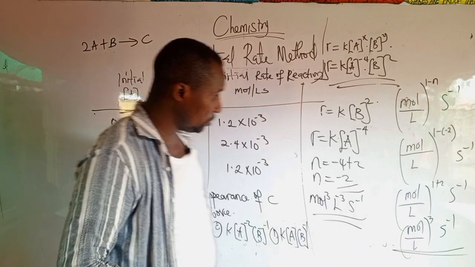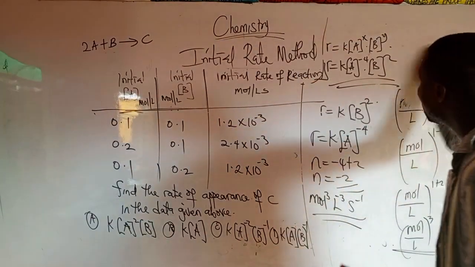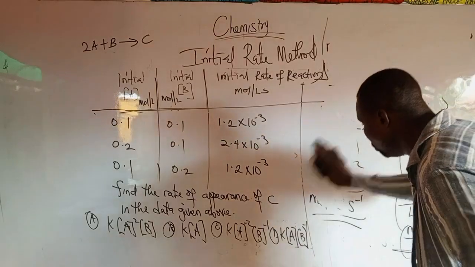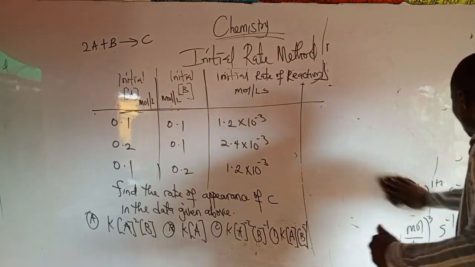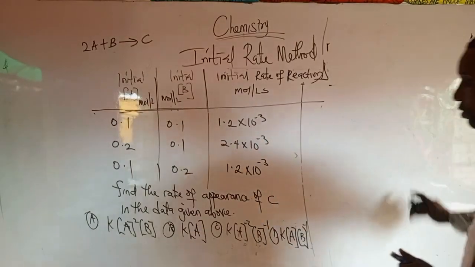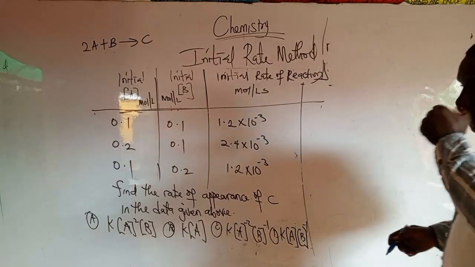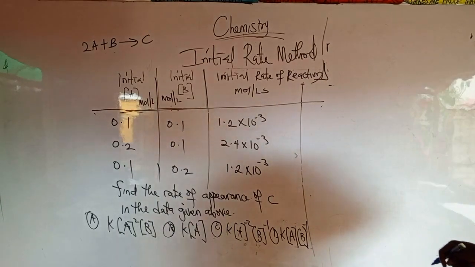Let us look at this question. Very simple question. We don't need to waste our time. We use the shortcut. They want to calculate what? Find the rate of appearance.